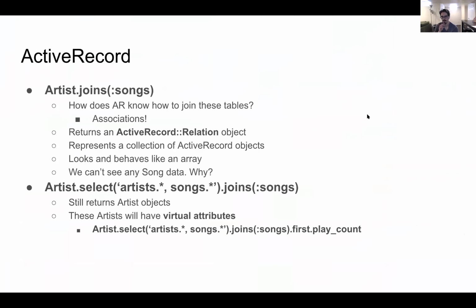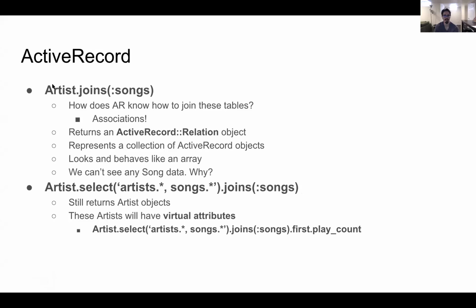Other questions? Mark? Can I clarify that point? Are you saying the first bullet is the same as the second bullet? And if you did artist.joins(:songs).first.play_count, you'll get the same return?